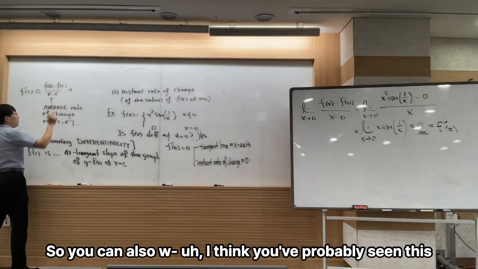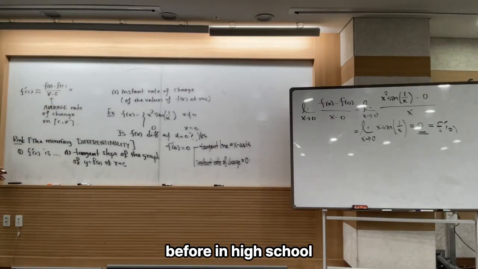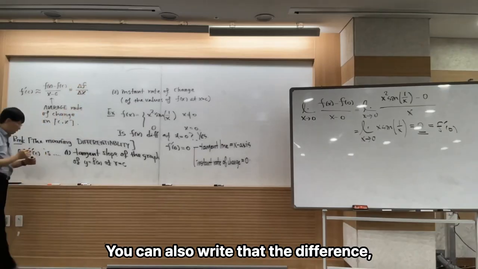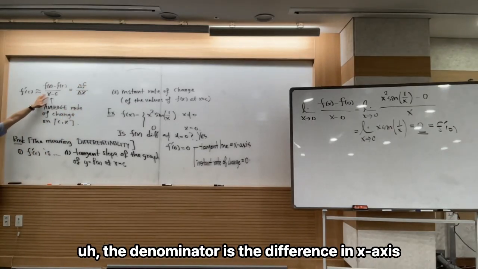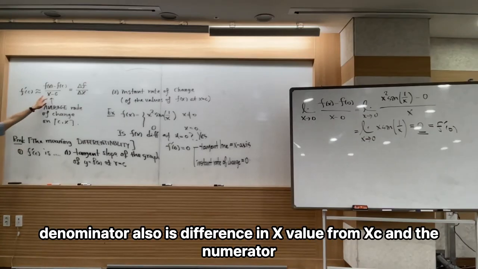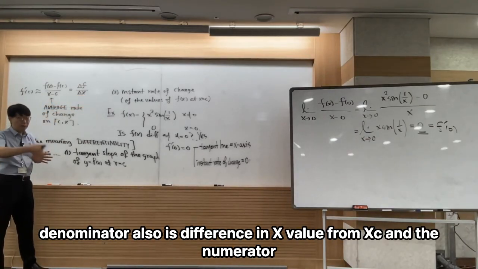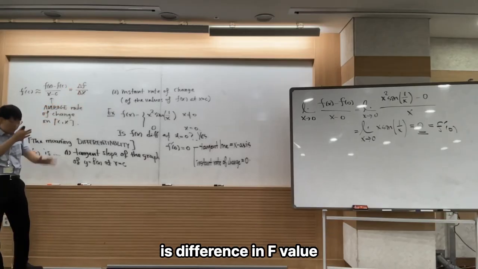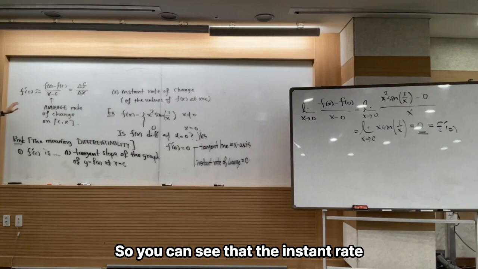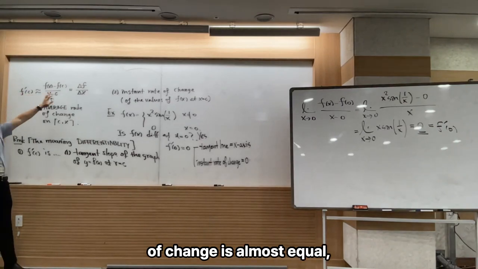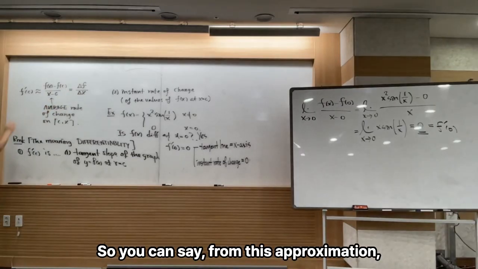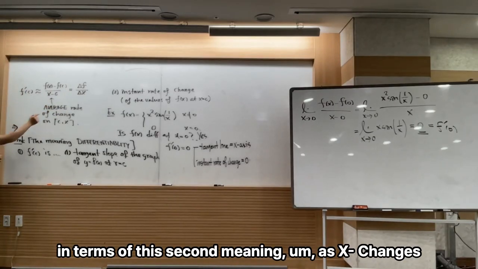You've probably seen this before in high school or another context. You can write that the denominator is the difference in x values from c, and the numerator is the difference in f values, f(x) minus f(c), right? So you can see that the instant rate of change is approximately equal to the ratio of these two numbers.